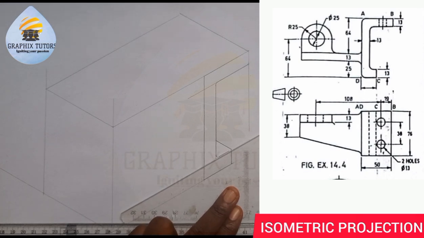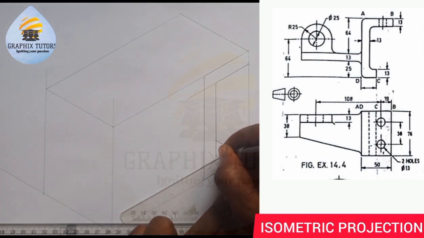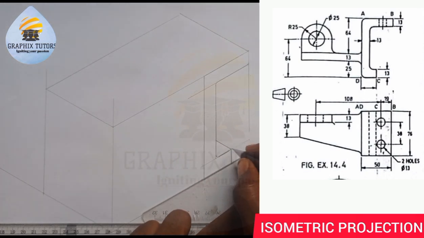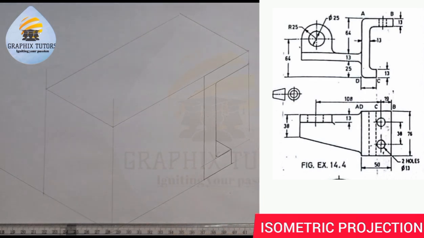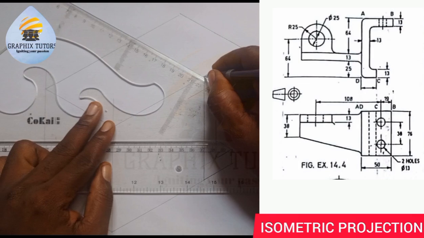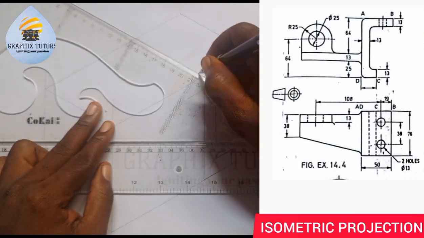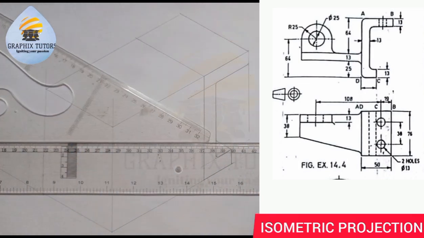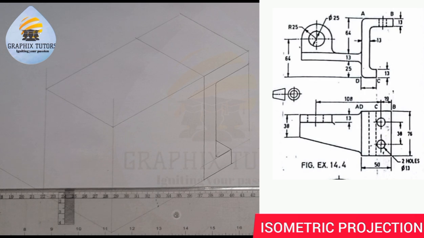I'll close here up very well. So we'll move forward. Then here also, I'm going to close it up this way. Faint line first. Start taking. Now we're moving forward.